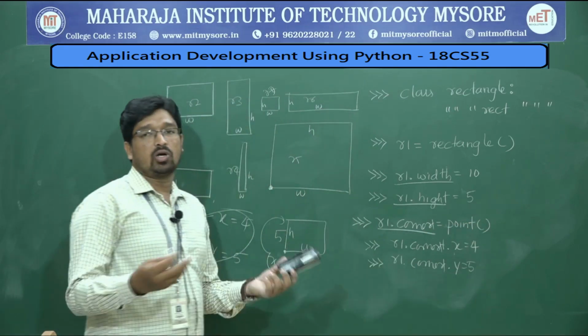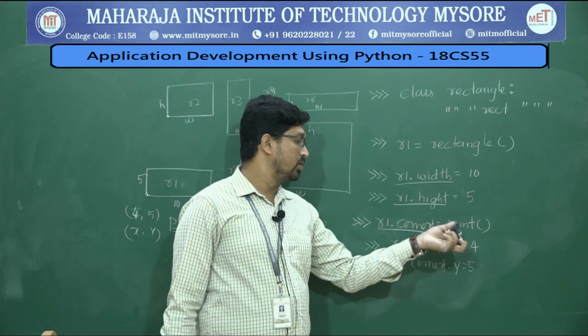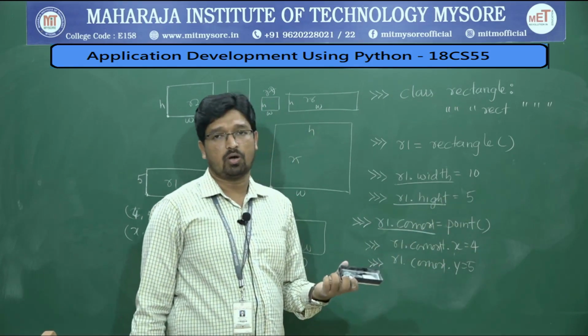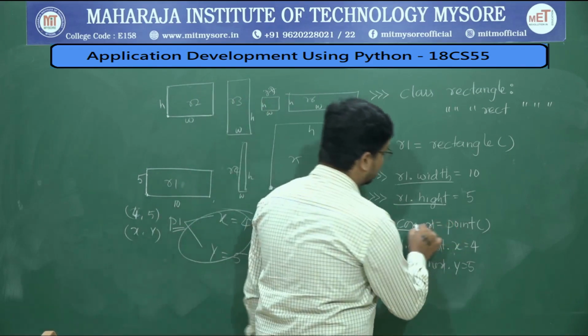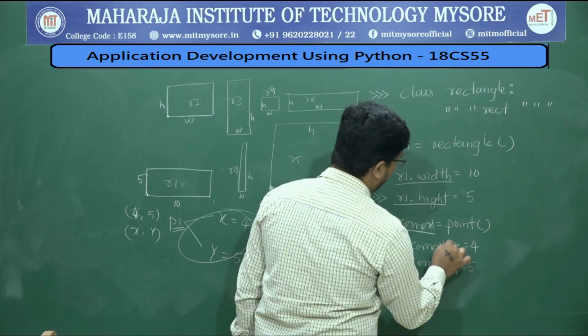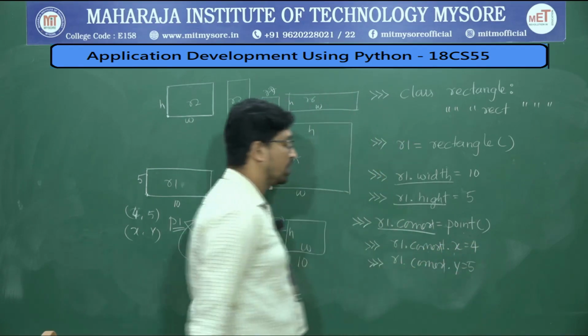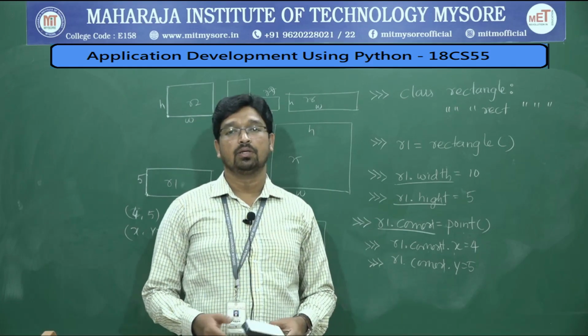A corner you cannot have as only one value. You cannot say R1 dot corner is equal to 5, or 4 comma 5. It is not possible. So for that I am making this corner an object of point, then using R1 dot corner dot x, I am saying 4 and 5. Okay. Try to execute this program.